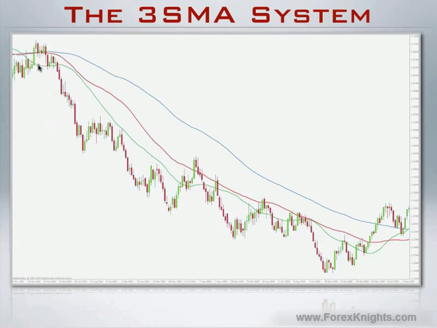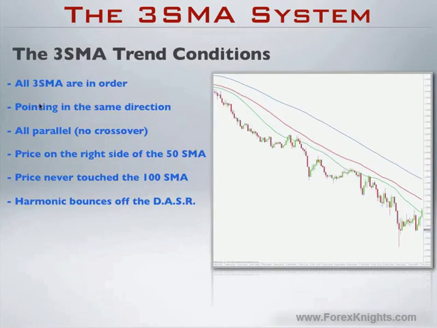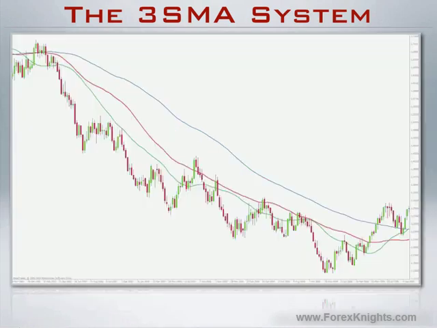Well, because until that point, the 30 simple moving average has been pointing flat, sideways. Please mind that the second condition is that they all point in the same direction, right? So they all begin pointing down at that moment, and therefore that's exactly when price begins to trend in a rather solid fashion, okay, from that moment on.